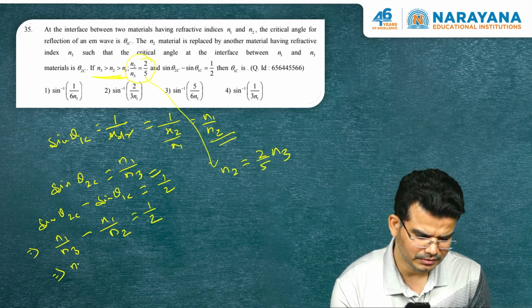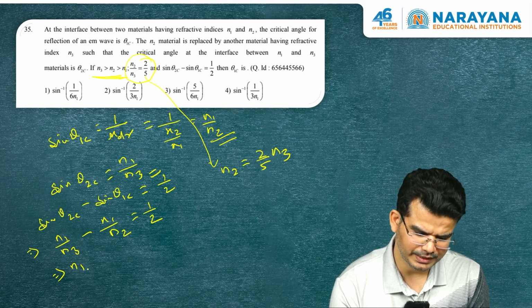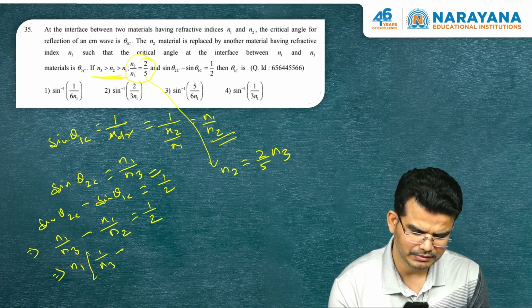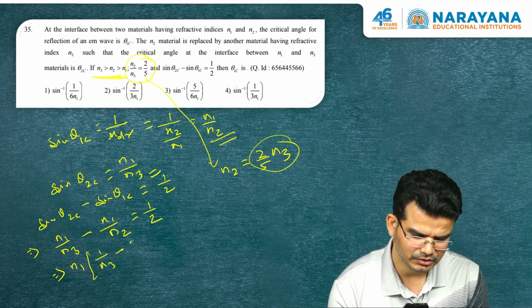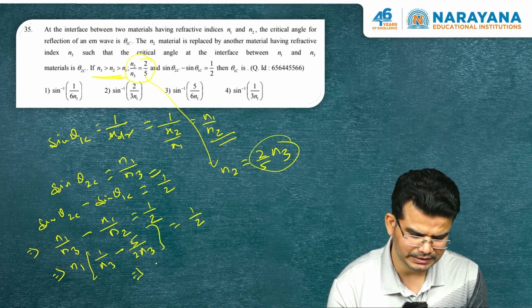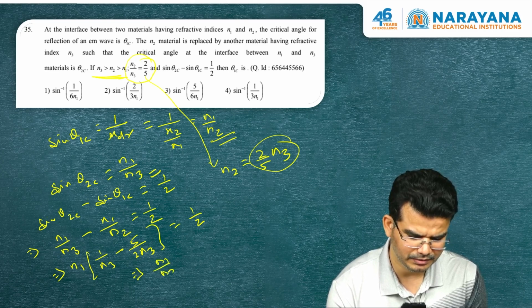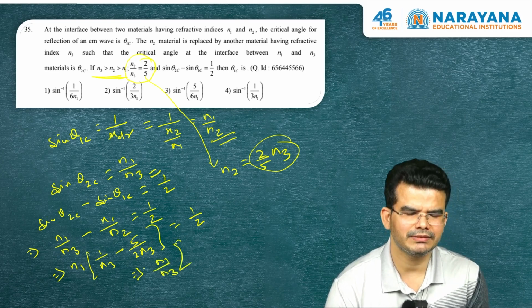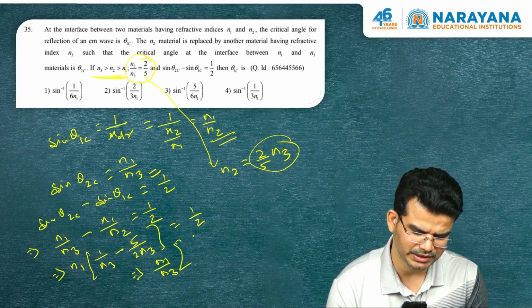So, N1 we can take common. N1 by N1 you can take common, this is 1 by N3 minus N2, and N2 is 2 by 5 N3, so it will be 5 by 2 N3, and this is equal to 1 by 2. So, you can see this is very simple, N1 upon N3 and 1 minus 5 by 2. So, 1 minus 5 by 2 is how much?